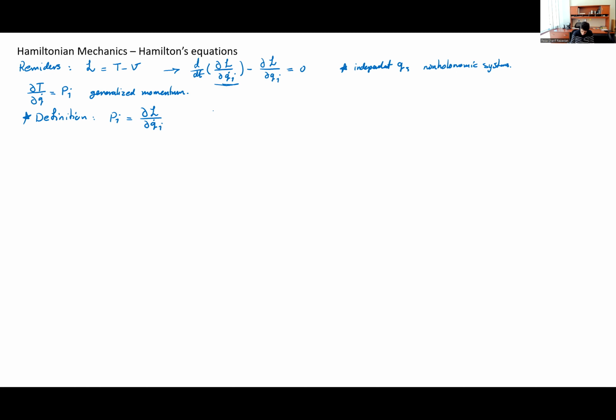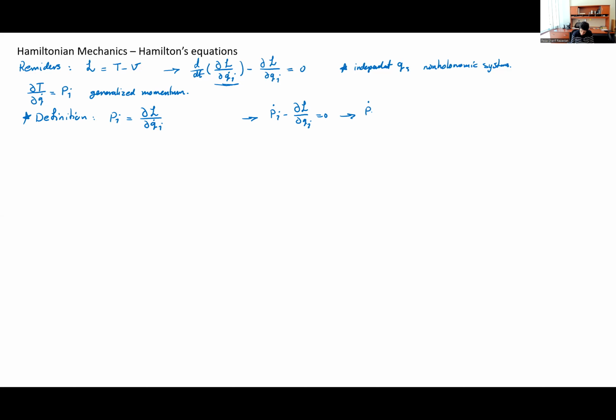So in other words, I can write my Lagrange equation as d over dt of this, now being the momentum, so the time derivative of momentum minus partial L, partial qi equals 0. We'll be using this much later.